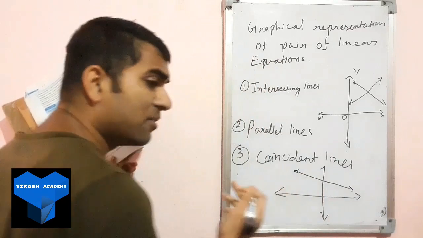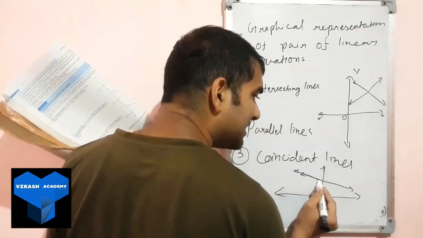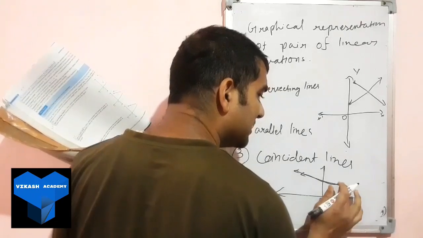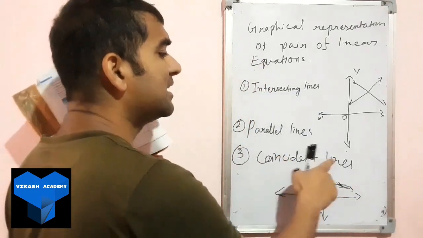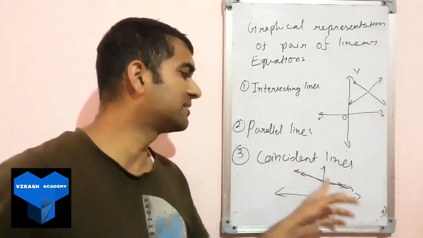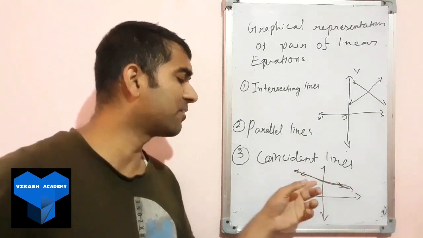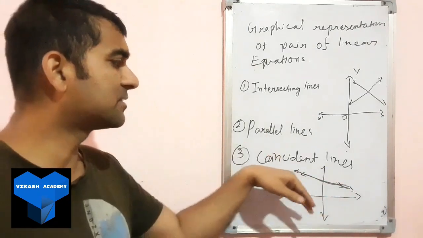The other line is also lying at the top, at the same place. Coincident lines means the pair of lines is lying at the same place, one line lying at the place of the other, right?